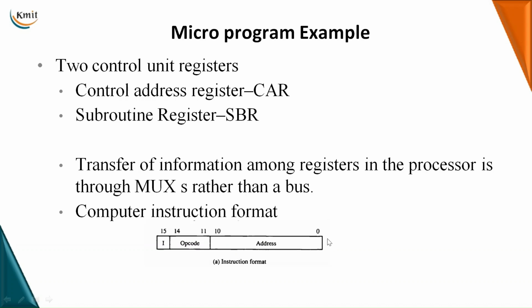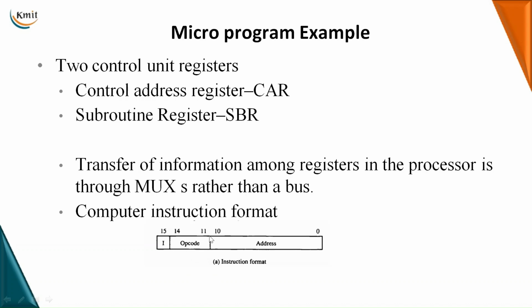In the previous example, we considered the address as 12 bits and opcode as 3 bits, but the instruction format varies from computer to computer. Here it is the same 16-bit format, where the address part is 0 to 10, whereas the opcode is 11 to 14, a 4-bit opcode. Instead of 3 bits, we have a 4-bit opcode and 1 mode bit.